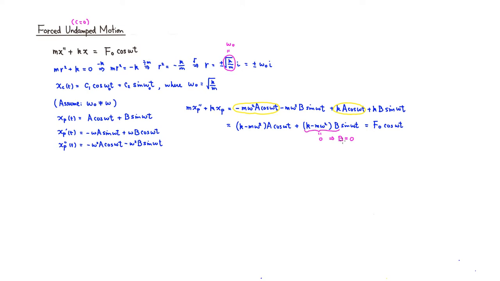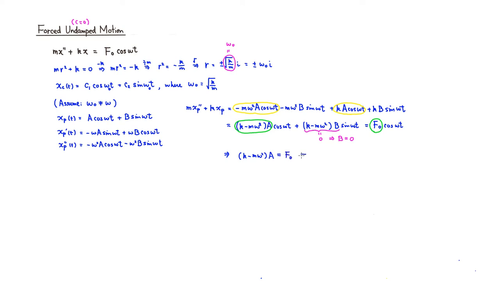All right, then this implies that we have to match the coefficient of the cosine of omega t here and F0, right? So this will give us the quantity k minus m omega squared times a has to be equal to F0, right?